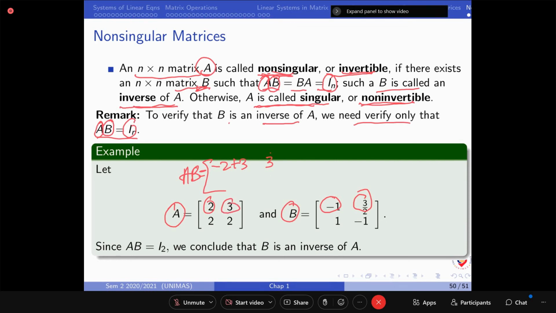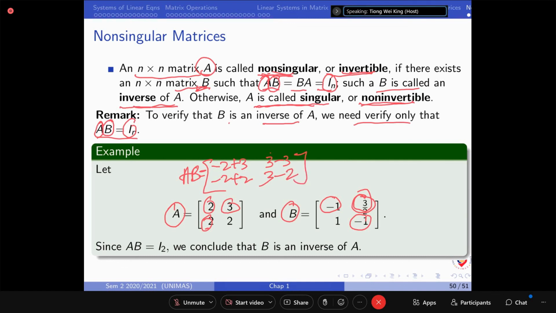And then 3 times -1 is -3, and then 2 times -1, you get -2 plus 2. And then 2 times this, you get 3 minus 2.